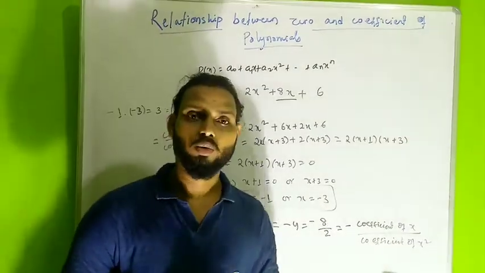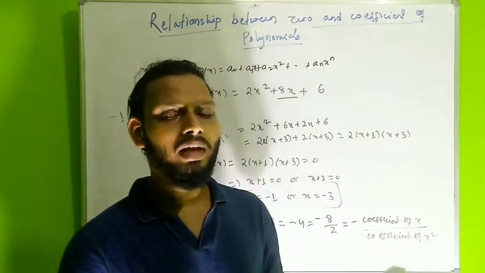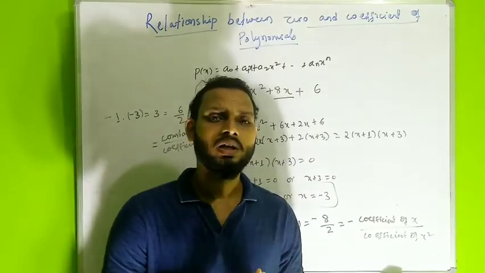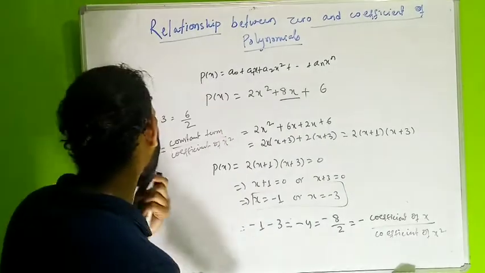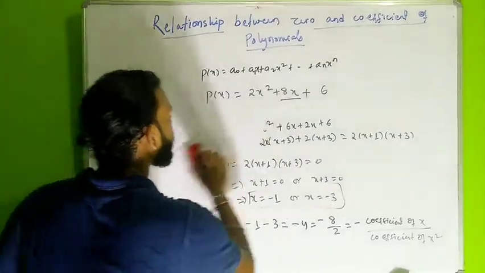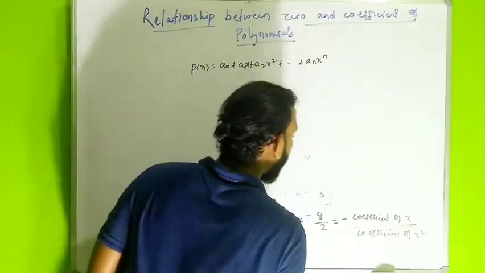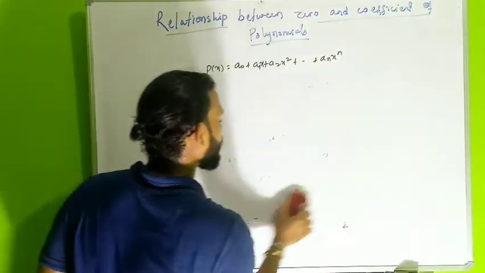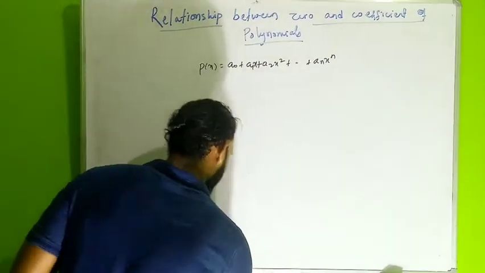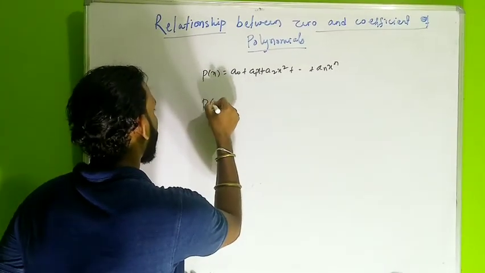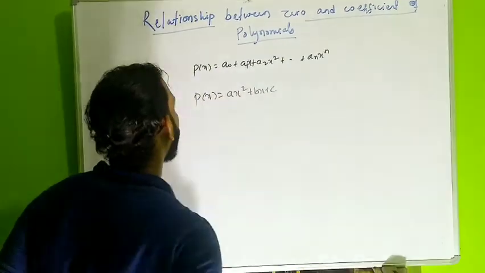Now the question arises: is this possible for any quadratic polynomial or any quadratic equation? Let us consider that. Let me take the generalized form of a quadratic polynomial, p of x equals ax square plus bx plus c, and find the relationship between the zeros and the coefficients of the polynomial.